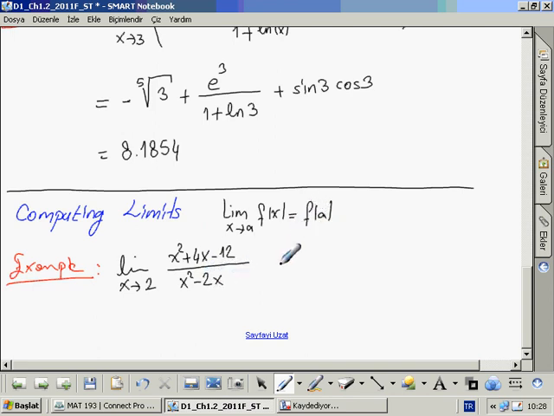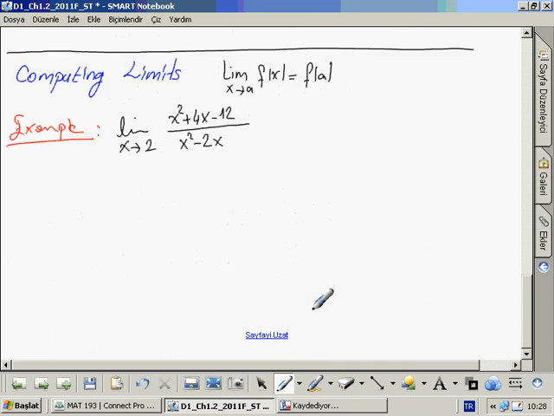And first, let's notice that if we try to plug in x equals 2, we will get 0 over 0, okay? So we can't just plug in x equals 2 to evaluate the limit.